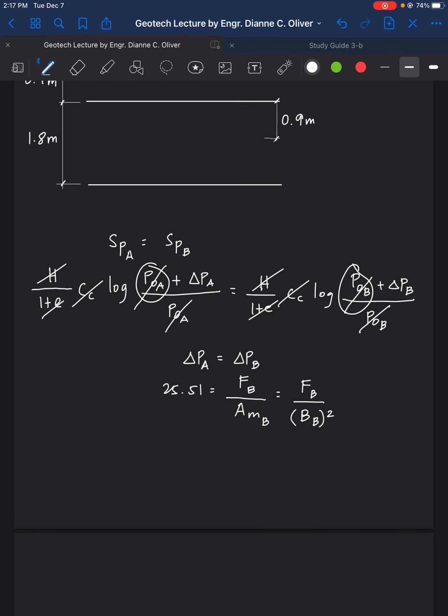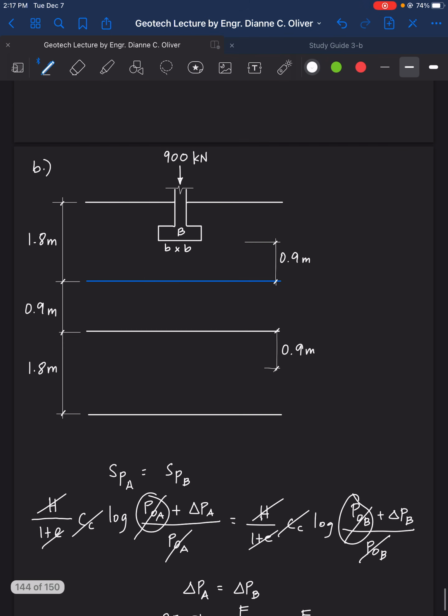Okay, so we will do the same as what we did in footing A. So there is a spread here. So spread also here. So this is the middle of the clay layer. So this is B times B.